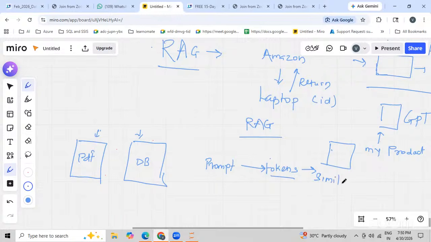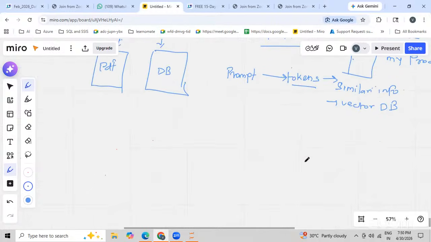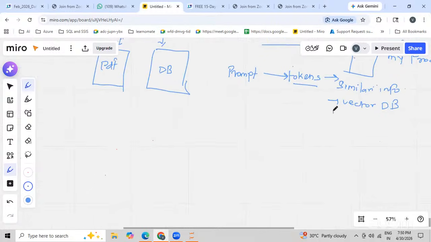They will check for similar information in their vector DB. When they get some information, they will retrieve the data from the documentation.